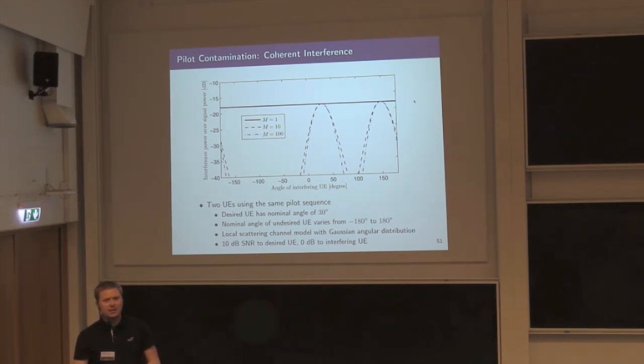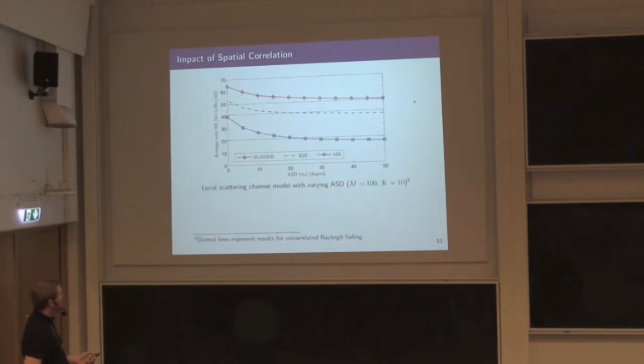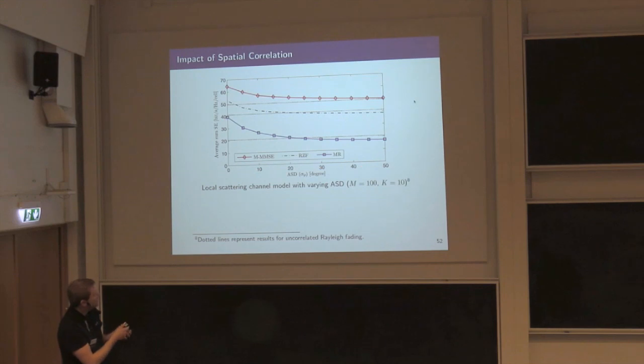And this starts to reveal something about what kind of correlation impact you will have. Will it be better or worse to have correlated fading? Here is a graph that tries to illustrate that. Here I look at the average sum spectral efficiency, and I'm changing the angular standard deviation from 0, or actually very close to 0, up to say 50 degrees, which is a large area.